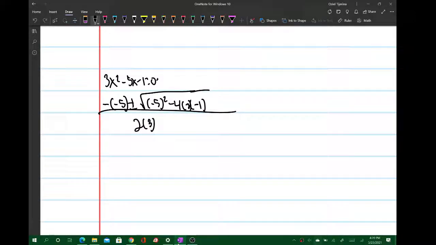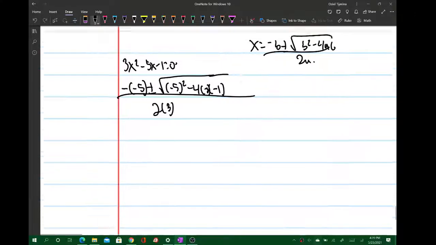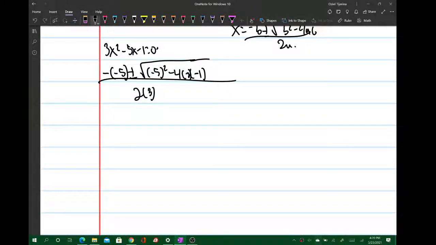How did I know that? Because the quadratic formula is negative b plus or minus the square root of b squared minus 4ac, all over 2a.